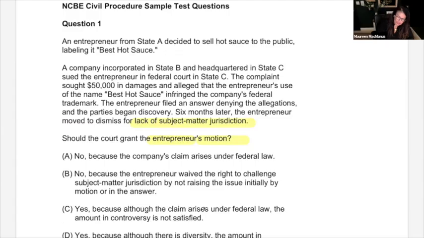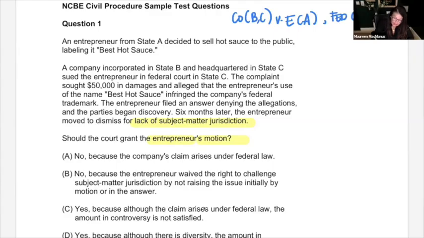So here, an entrepreneur from state A, and again, we're going to take those notes. Entrepreneur from A decided to sell hot sauce to the public, labeling it Best Hot Sauce. A company incorporated in state B and headquartered in state C sued the entrepreneur in federal court in state C. So we have a company that's from B and C. They sued the entrepreneur in federal court in state C. Okay.